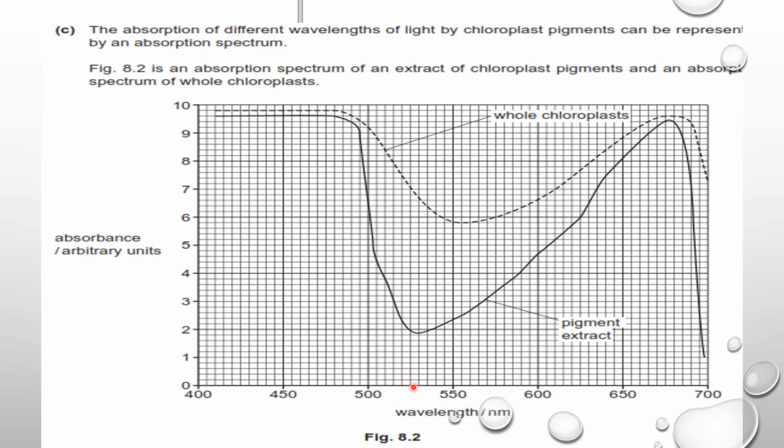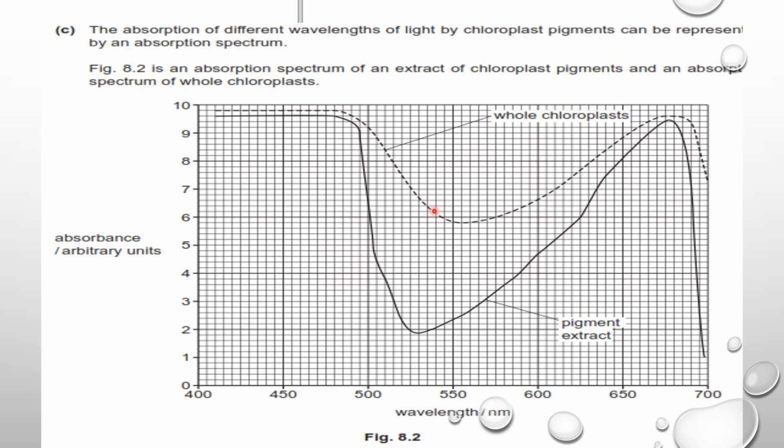Remember that one box is 5, so this is the middle, 525. The absorbance is quite low for the pigment extract, but compared to this, about 7. So this absorbs more than this. So I said two points: in general, this has more absorbance overall, higher absorbance compared to this.